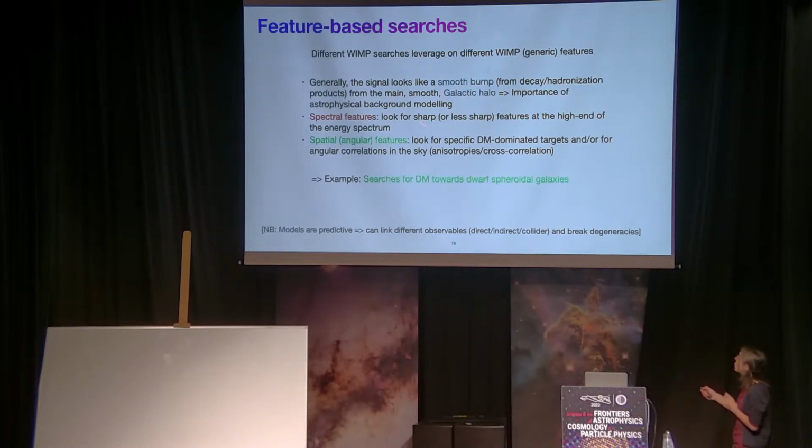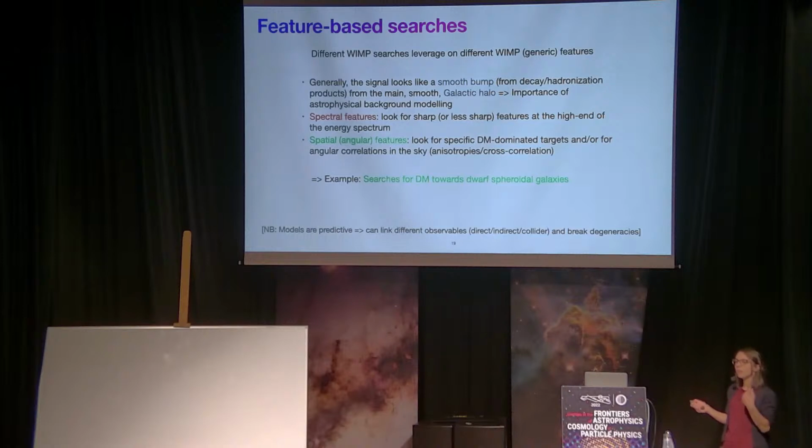I like to talk in general about feature-based searches, because you can leverage either on the spectral features that I mentioned before, so the fact that you can look, for example, for gamma ray lines, and for that you don't really need to account for any spatial information, in the sense that you just look for the place where the signal over background ratio is largest, and you look for very sharp features in the spectrum of your data. But you can also leverage on the fact that you do expect some angular correlation at different scales from dark matter rather than from an astrophysical background.